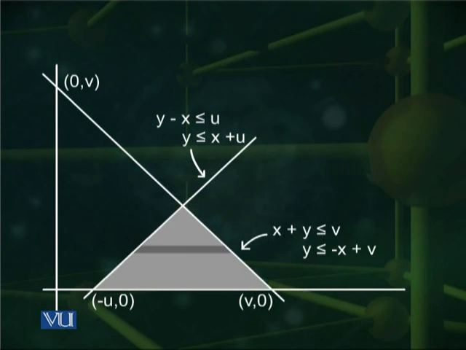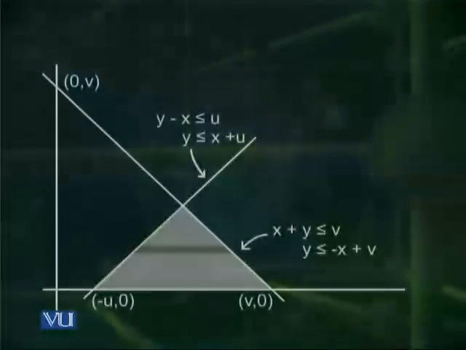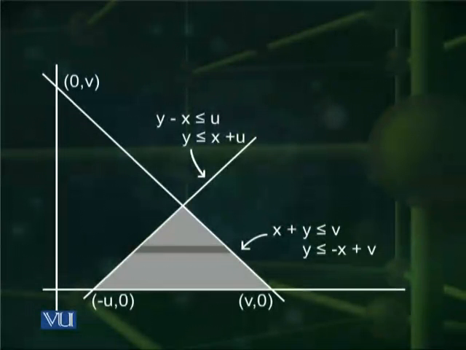What about the other random variable u? When you are finding the joint CDF of u and v, the other constraint is that random variable u is between minus infinity and small u. This translates to y minus x less than small u, and if you take x to the other side, it comes out to be y is less than x plus u.